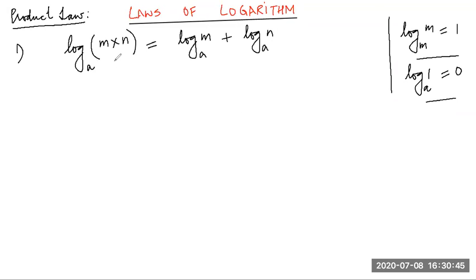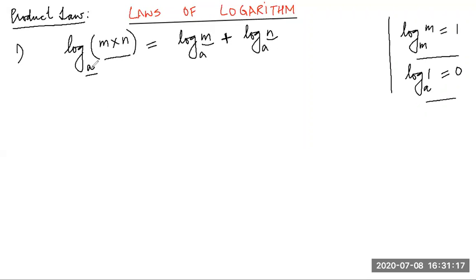We can state this law, students, in this way: log of any number, obviously m into n is a number, log of any number to some non-zero base is equal to the sum of logarithm of its factors to the same base.